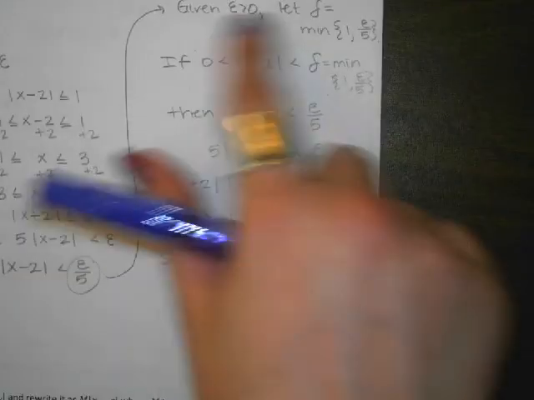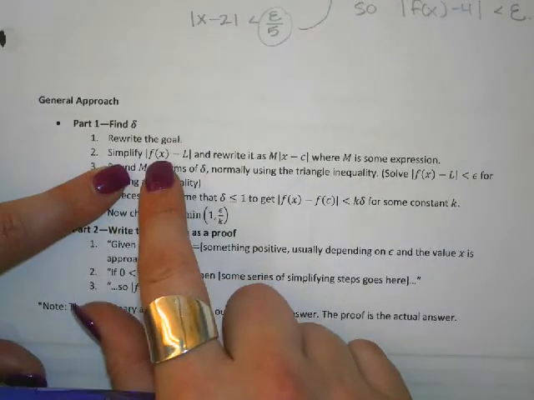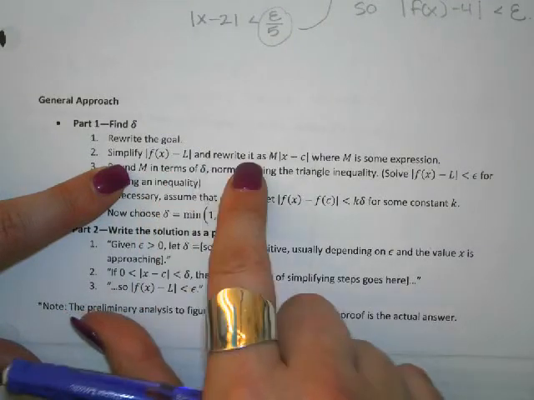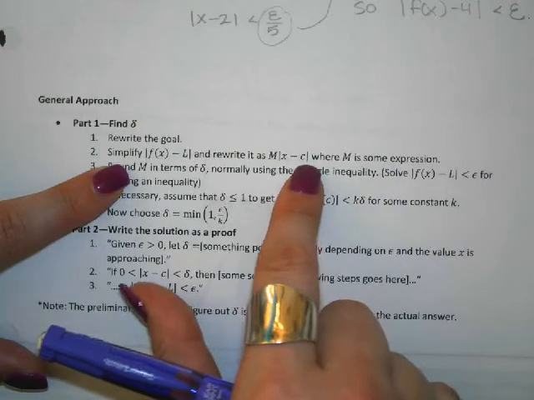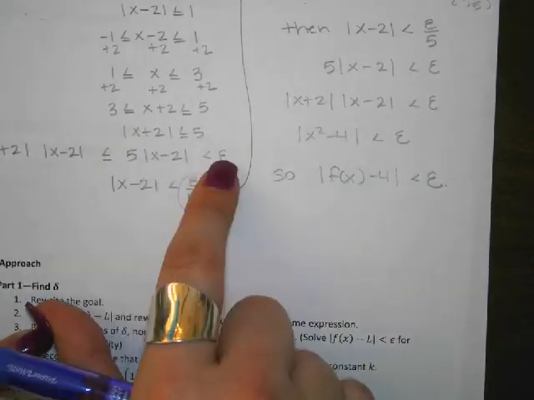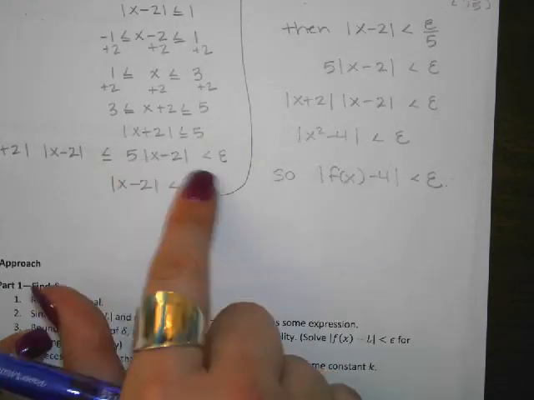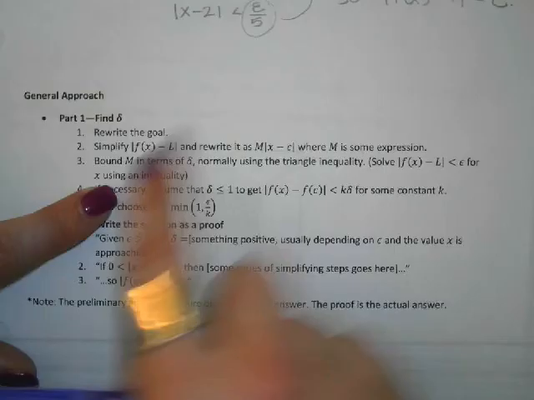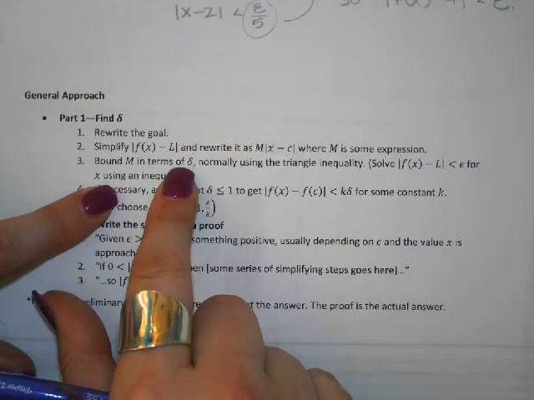Then it says step 2 is to simplify f of x minus L and rewrite as m times x minus c. What you noticed is we did that both times. That's this part right here, where you simplified your f of x all the way down and had some sort of coefficient there.